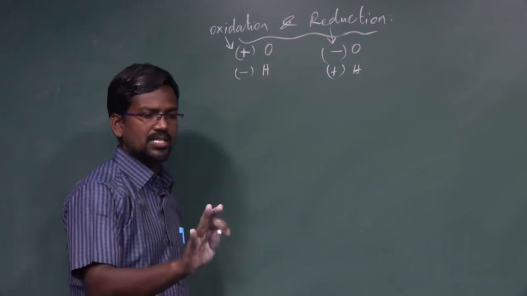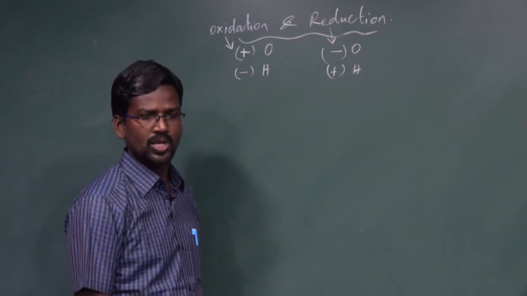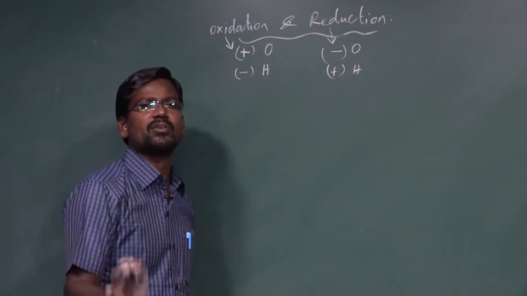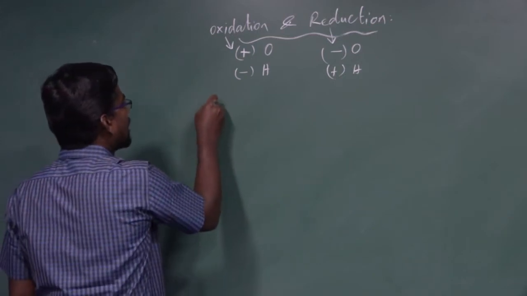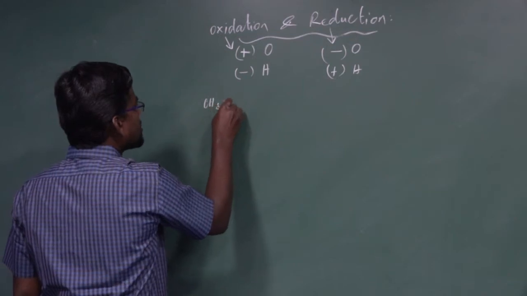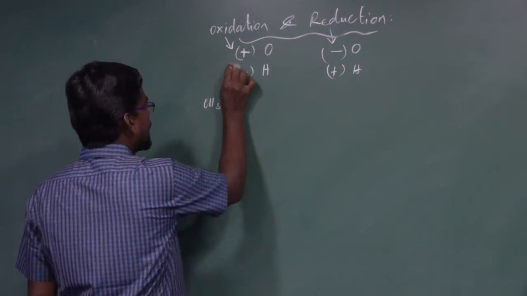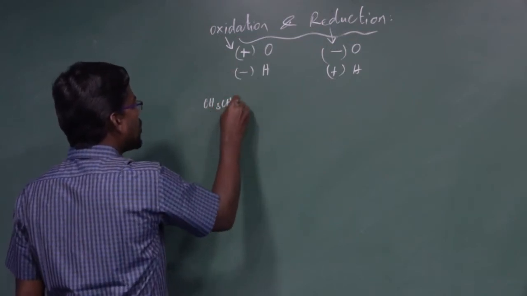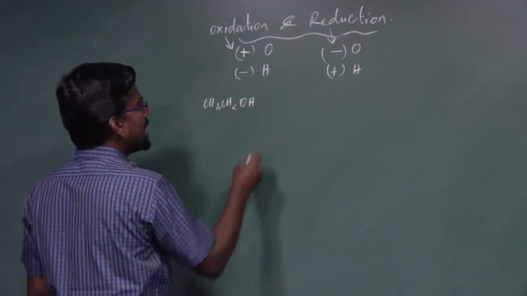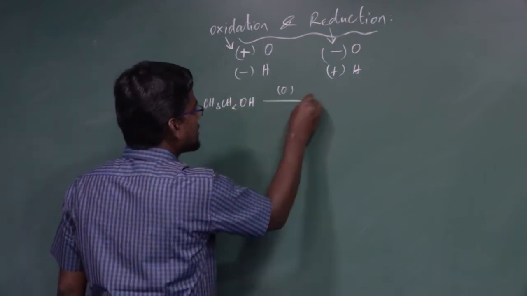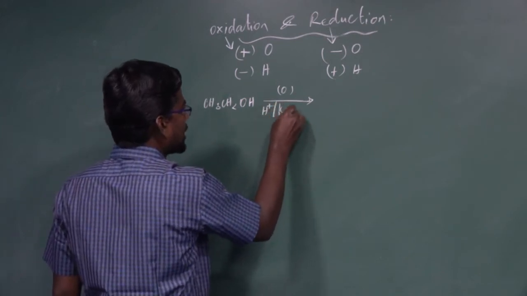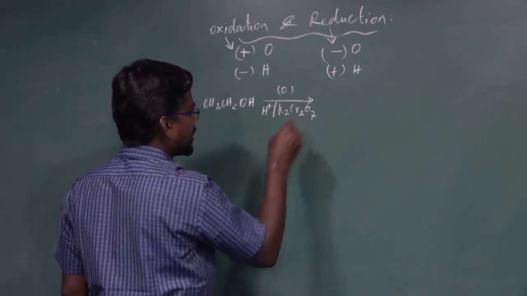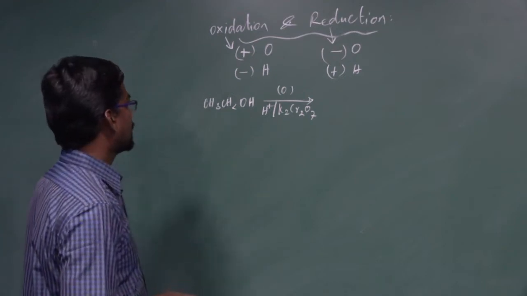What is oxidation? Addition of oxygen or loss of hydrogen. Reduction is addition of hydrogen or loss of oxygen. For example, ethyl alcohol, CH3CH2OH, is oxidized in the presence of acidified potassium dichromate, K2Cr2O7.